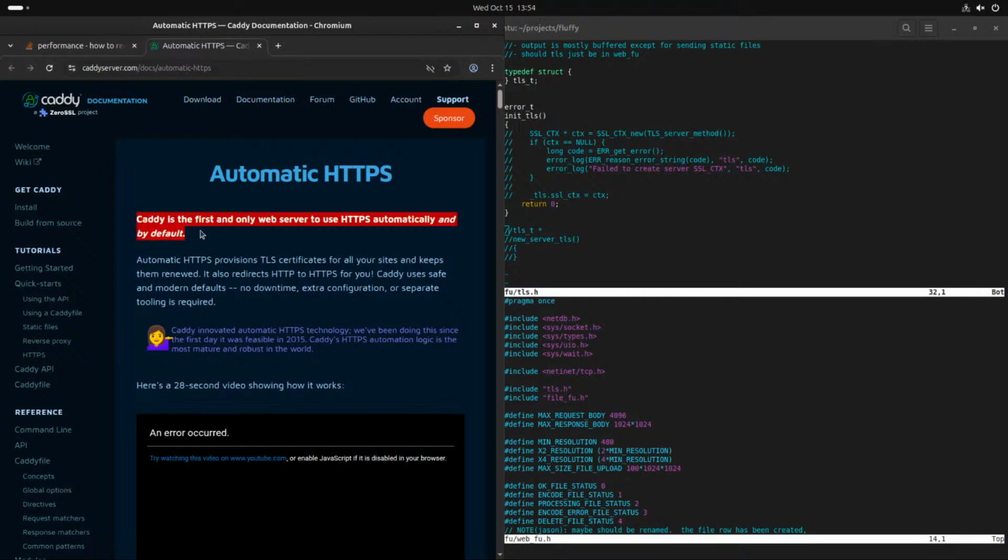Yeah, this is how it should be right here. Web server to use HTTPS automatically and by default.